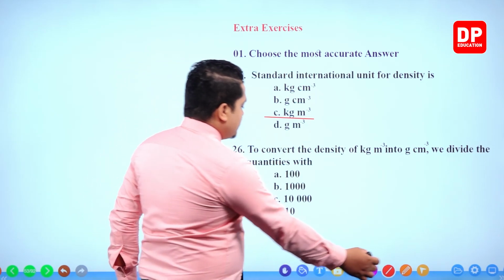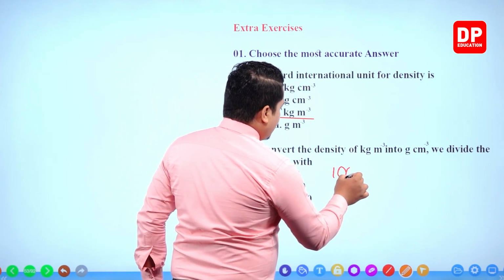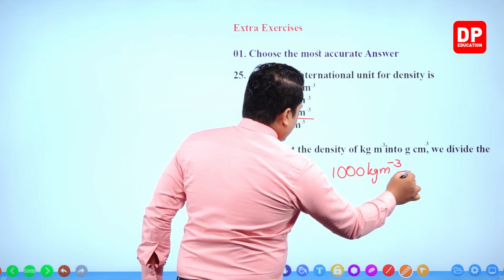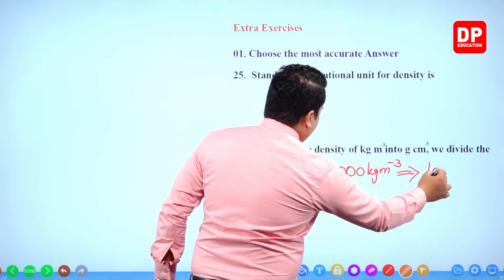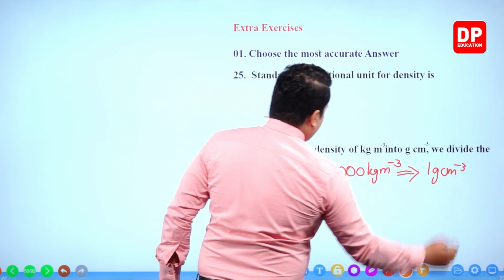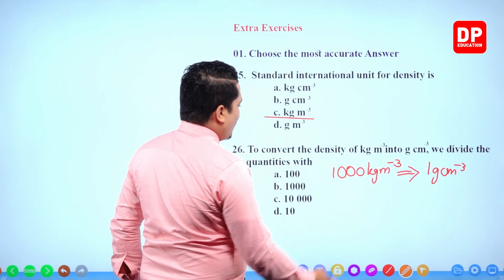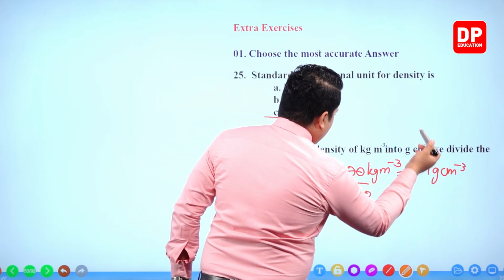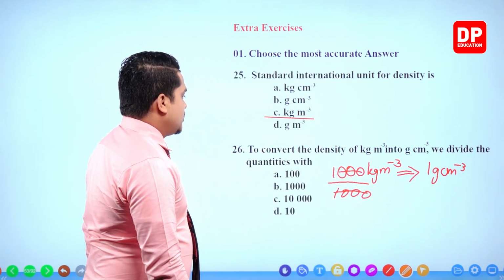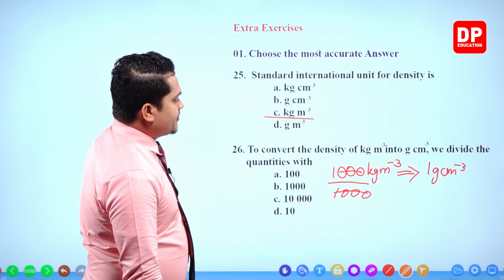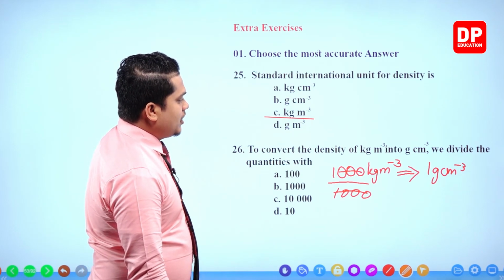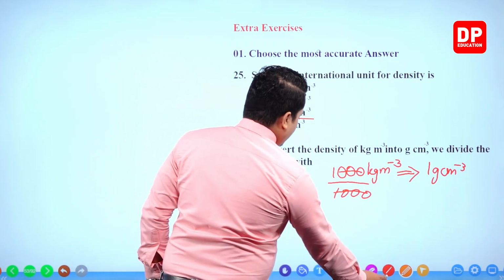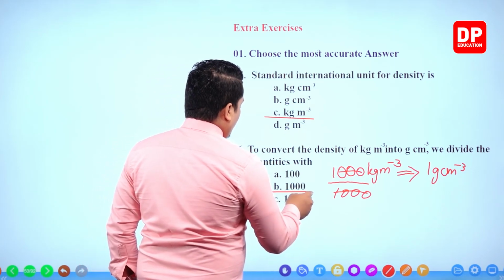You know that density of water is equal to 1000 kg m^-3. Density of water in grams per cubic centimeter is 1 g cm^-3. So it's very obvious that you divide by 1000, you can get the answer as 1. So to convert densities of kilograms per cubic meter into g cm^-3, we divide the quantities with 1000.